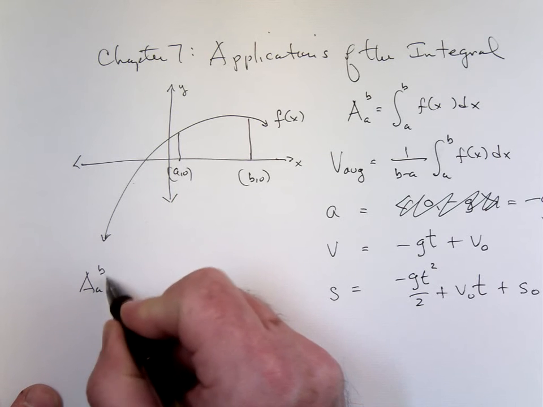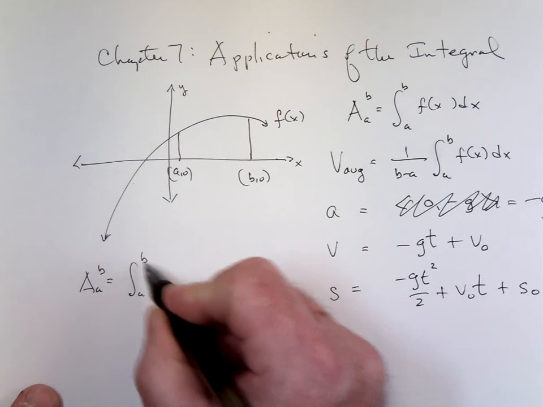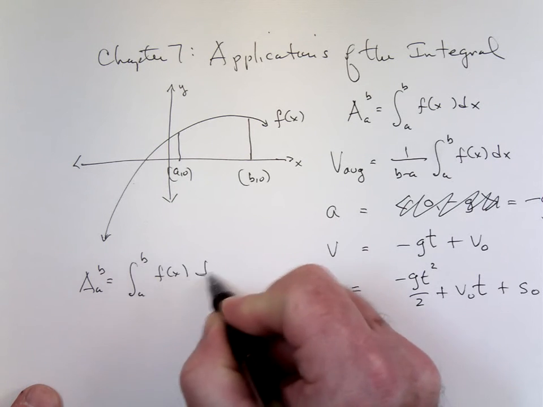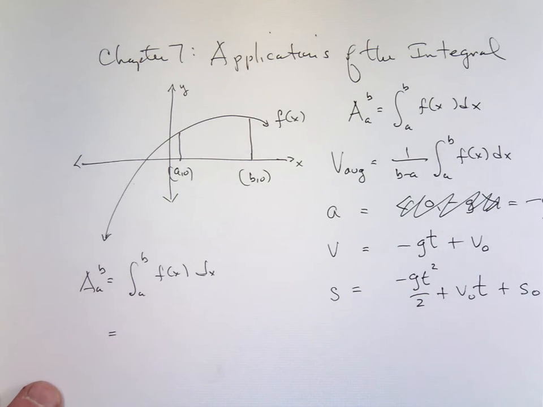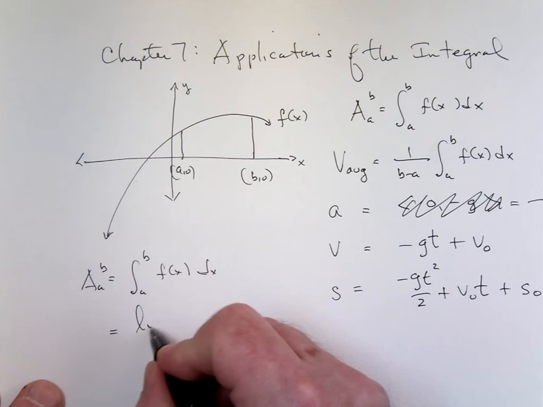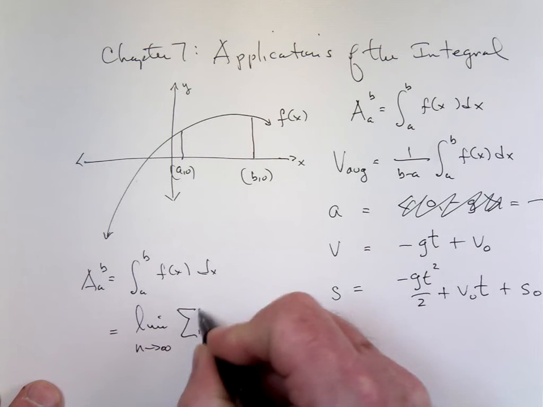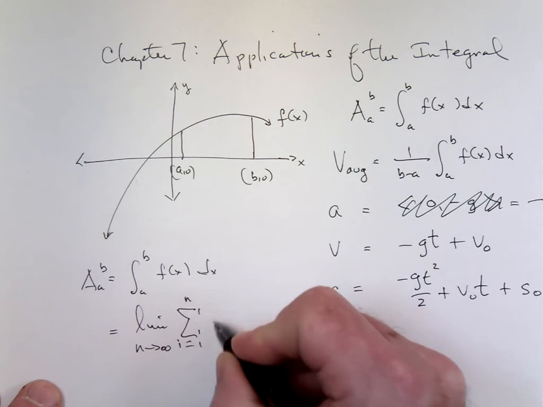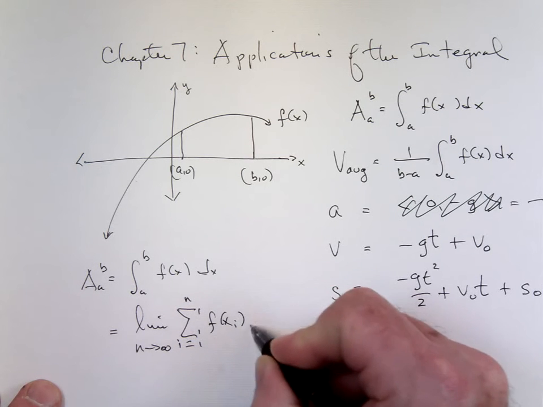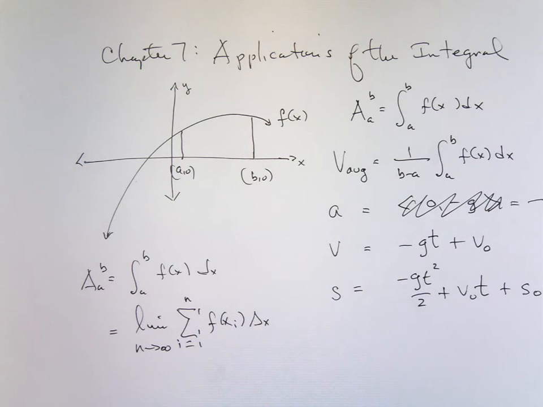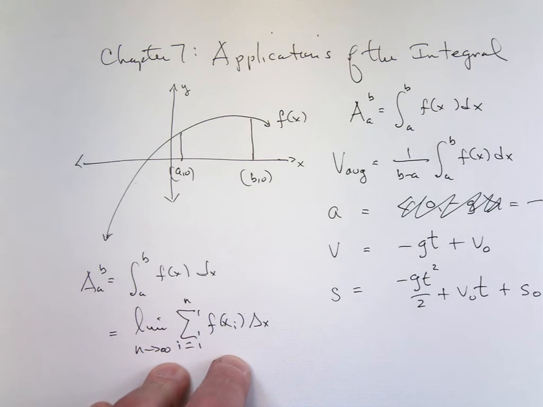One thing we're going to be using this chapter is the fact that this area under a curve, this integral, is equal to an infinite sum. It's the limit as n goes to infinity of the sum. We saw that by dividing the area up into pieces, rectangles, then letting the number of rectangles increase.